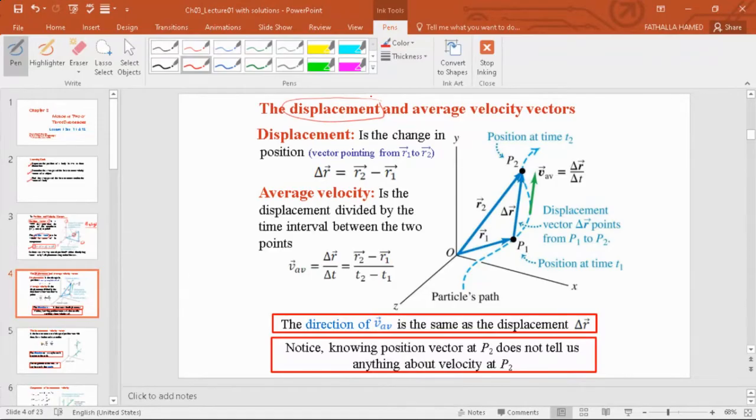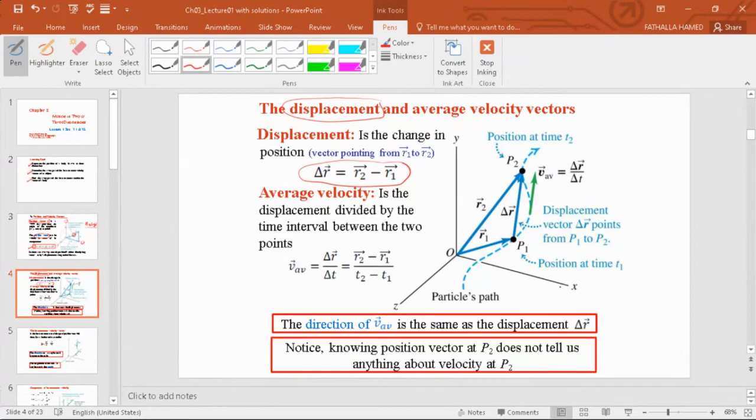We're going to do the same thing here, but we're going to talk about delta R. And we say delta R is equal to R2 minus R1. And we deal with R as a vector.